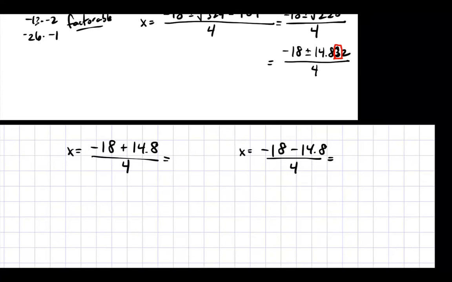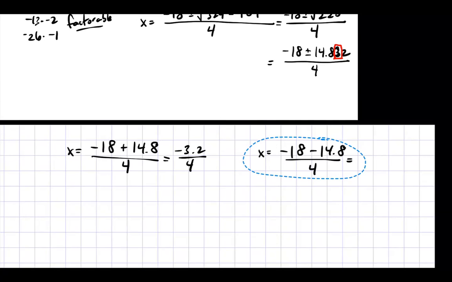Okay, so negative 18 plus 14.8 equals negative 3.2 divided by 4. Divided by 4 makes negative 0.8.